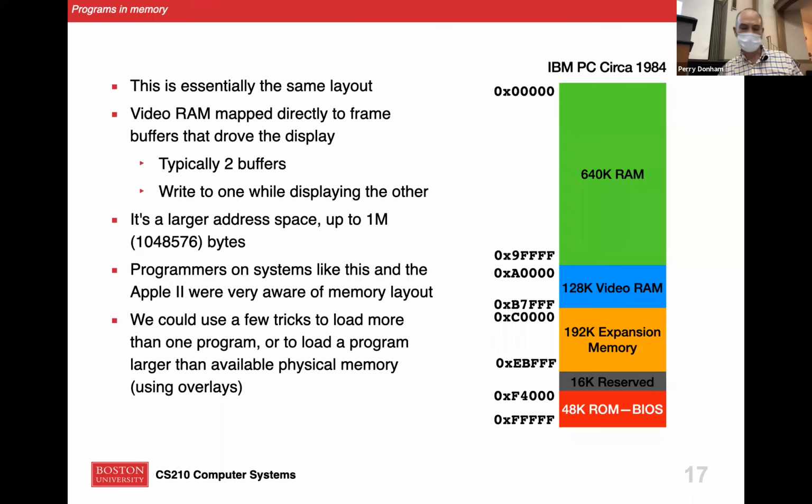What else is interesting about this? Oh, this part was interesting. So this video RAM piece here in the blue, that was implemented as, I'm sorry, this is an IBM PC, it's IBM PC in '84. Each byte mapped to an individual pixel on the display screen.